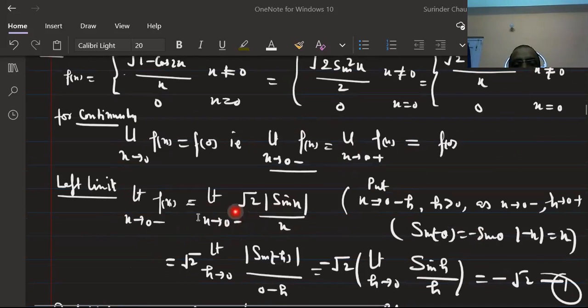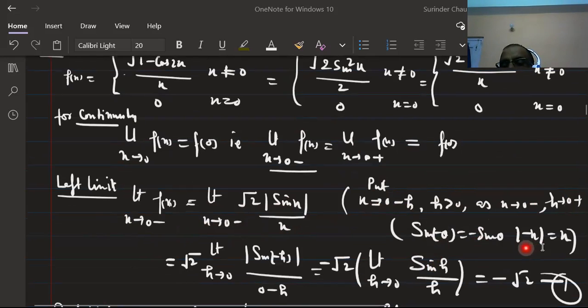So now x goes to 0 from the negative side, substitution x equal to 0 minus x, and x goes to 0 from the positive side. And sine of minus theta equal to minus sin theta.